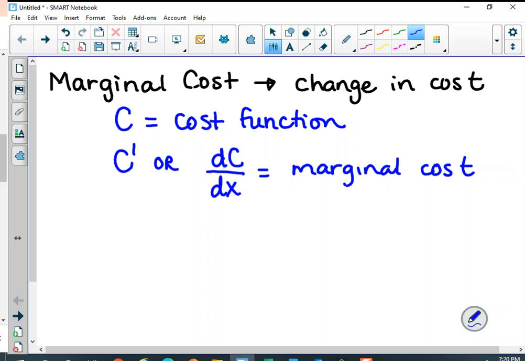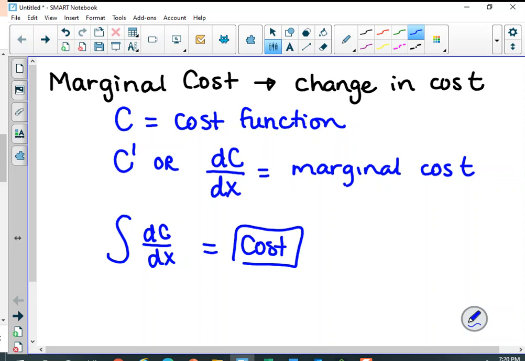If we can measure that change, the antiderivative of that marginal cost will give me my cost function.